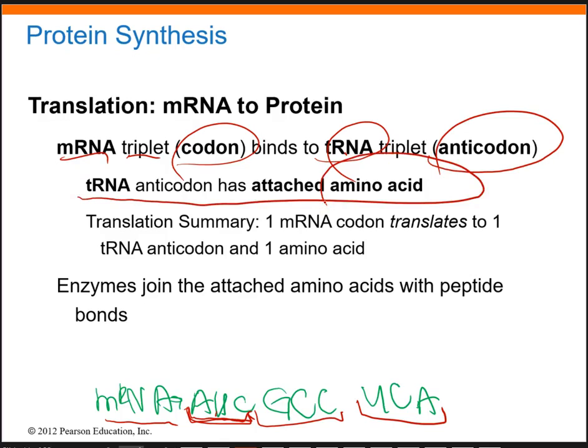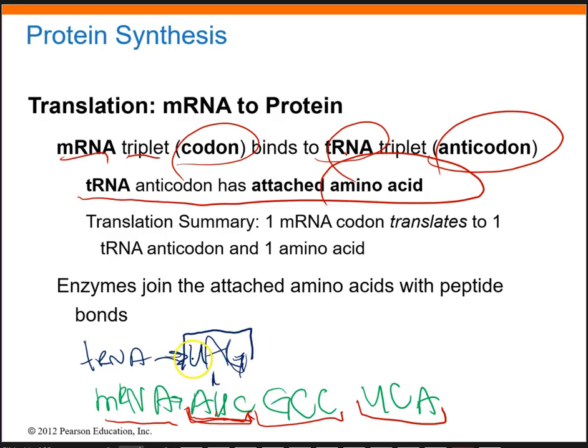So if that was my mRNA down there, then the tRNA anticodons that match, remember A goes with T, but this is still RNA, so that means there's no T, it's got to be a U. U goes with A, C goes with G. So this up here is the anticodon that matches.